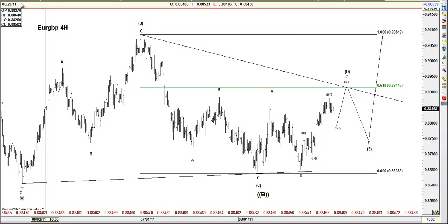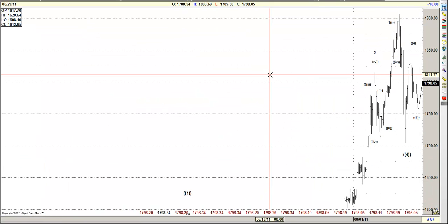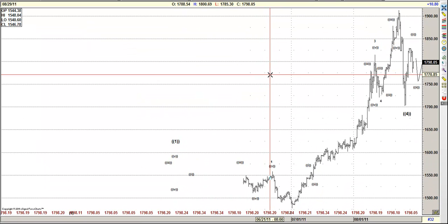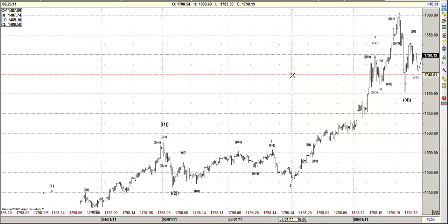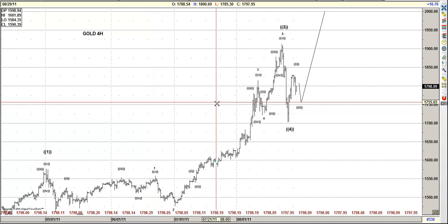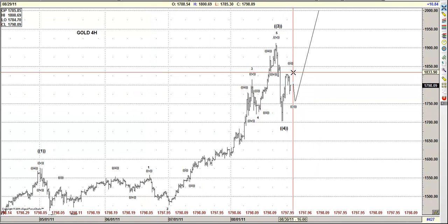Now gold looks like it's within wave 4. We still like gold being in wave 1 and ending wave 4.